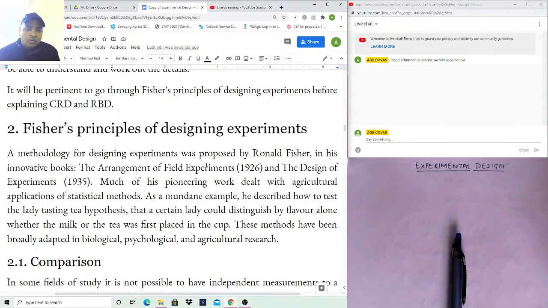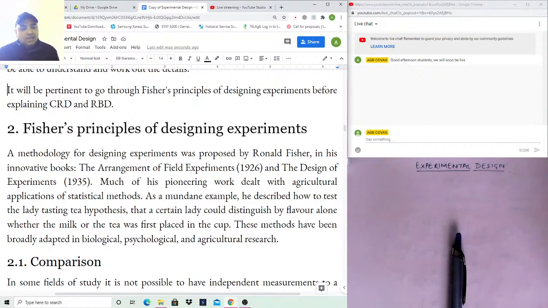This is the book on the principles of which all the agriculture universities worked for decades and brought about the green revolution in India. All these varieties, breeds, anything which have been developed in India are based on the principles explained in this book. This principles of designing experiments.